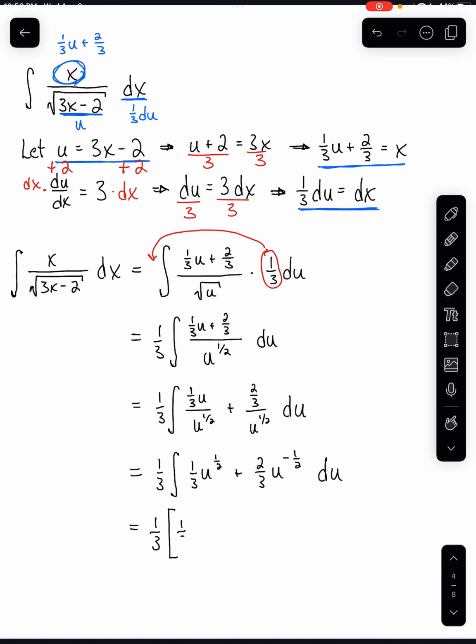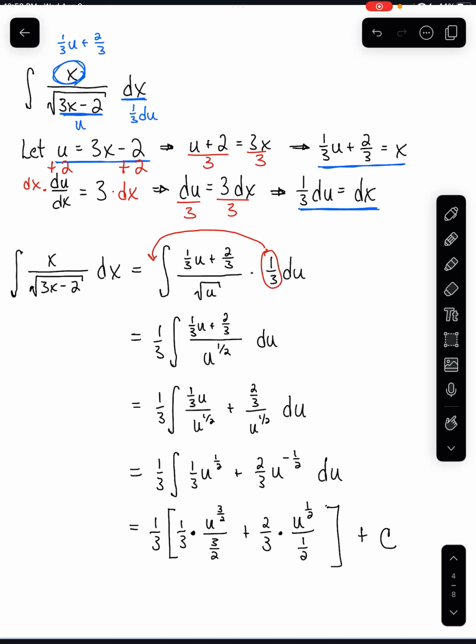We now have the 1/3 in front of this first term. And when we add 1 to the power, it becomes u to the 3/2 over 3/2. In the second term, we have 2/3 in front. And when we add 1 to the power, it becomes u to the positive 1/2 over positive 1/2. And then we'll have a plus c at the end of the whole thing.